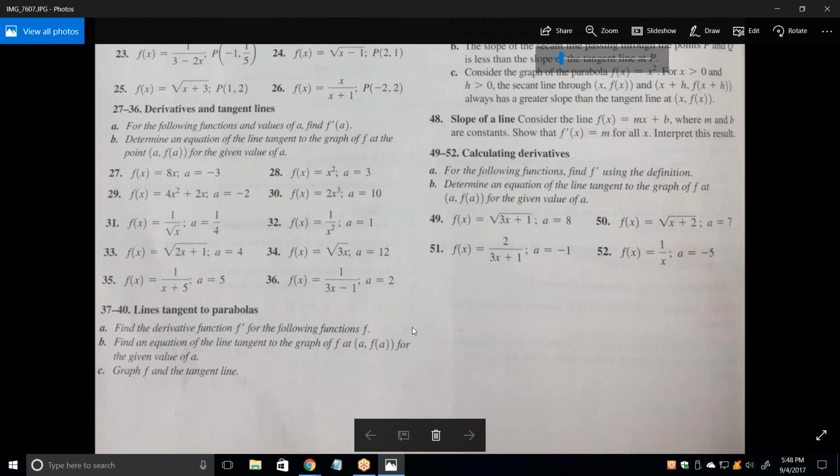Find the derivative function, find the equation of the line tangent at the point a comma f of a, and graph. In other words, these instructions are identical to number 9, 13, right? Only they don't tell us how to find the derivative.